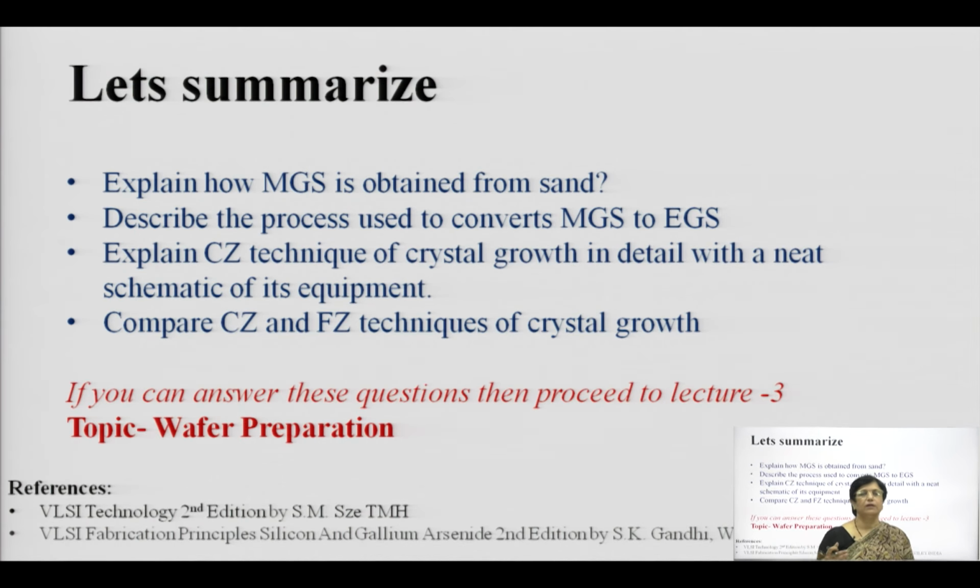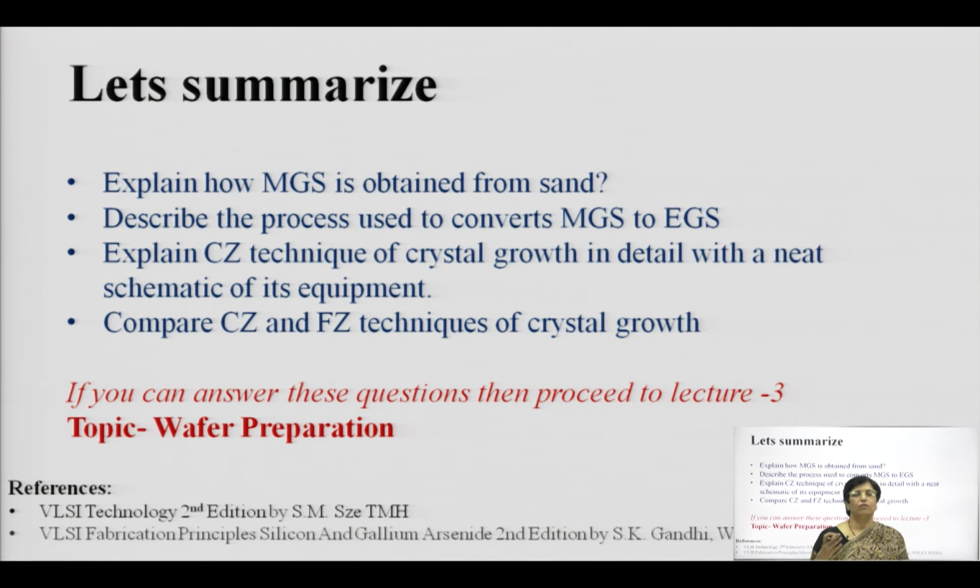Then thirdly, and the most important part of this lecture, is the growth process through the CZ process, in which all 4 components, that is the furnace, the pull rate, the entire ambient temperature, and the microprocessor based system which is controlling the entire process, have to be clearly remembered along with the schematic of the CZ furnace.